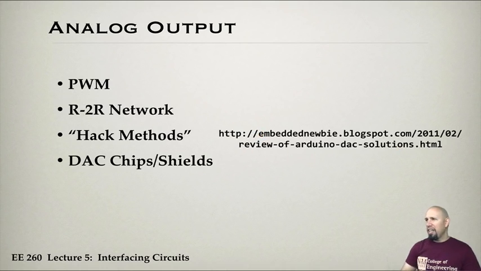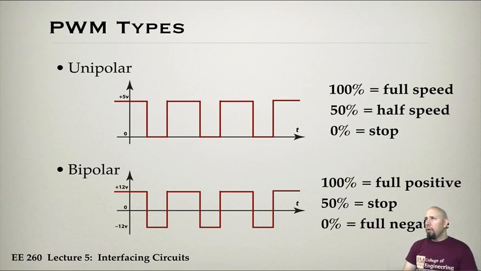They mention a number of methods that can be used. They have some validity. They're not all that great, but anyway, they're methods, and there will probably be more as time goes on. Okay, pulse width modulation.